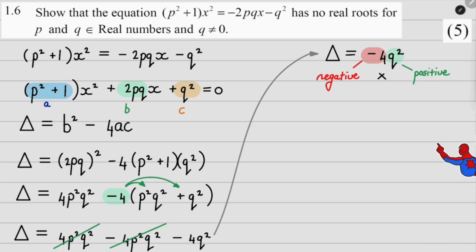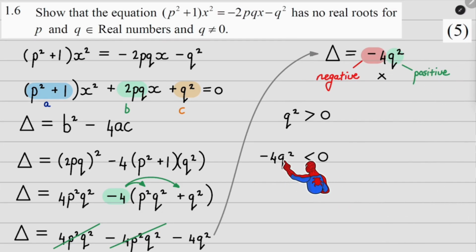Okay, now let's see how we're going to write that up. Firstly, we've got to say q squared will always be greater than 0. And I do not put the equals to sign here because they told us it cannot equal 0. So if I multiply both of these sides by negative 4, I'm going to get a negative.